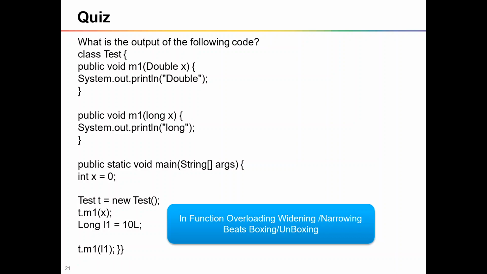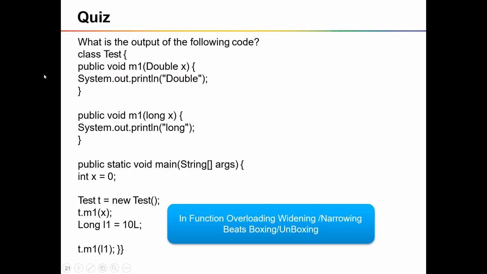x is an int type, but there is no equivalent int type inside your methods. What will happen is m1 of x will directly map to long, because widening will happen. Int can be widened into long, but an int type cannot be converted into a double type here, because double is an object type.